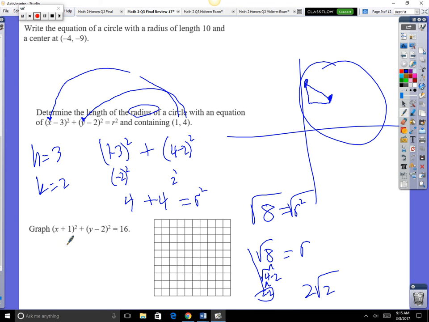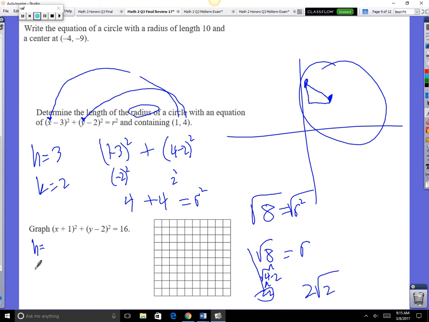Okay, if you've got to graph it, to graph you need the h, the k, and the r. And your h is right here, it's with the x. Your k is with the y, so your h is actually a -1. Your k is a +2, and your radius needs to be r squared, so your radius is actually 4.